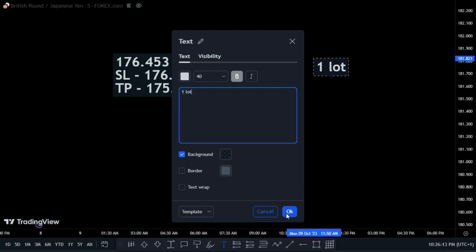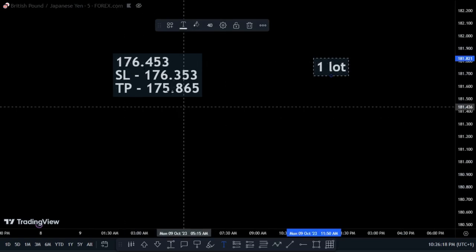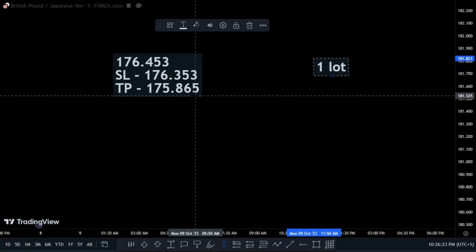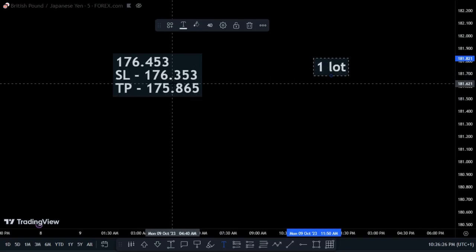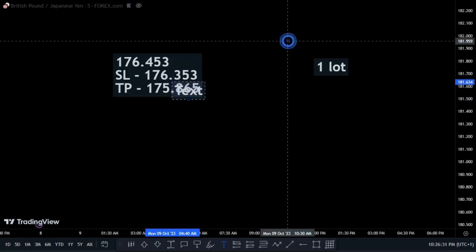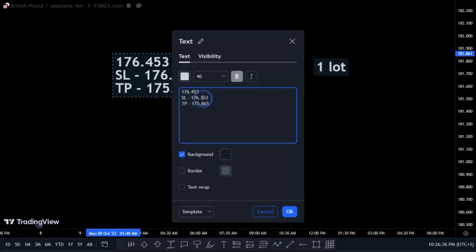Okay, and currently this is my entry, 176.453, and I'm risking, first we have to calculate the amount of pips that we are actually losing, and if you check that, it's about 10 pips, right? I think there's an error here, so get rid of that. This should have been 5.